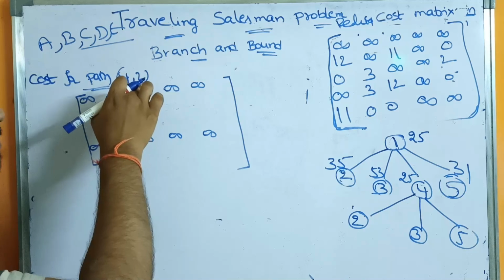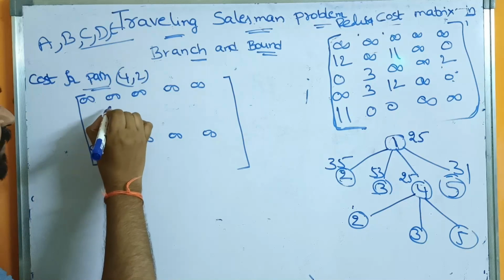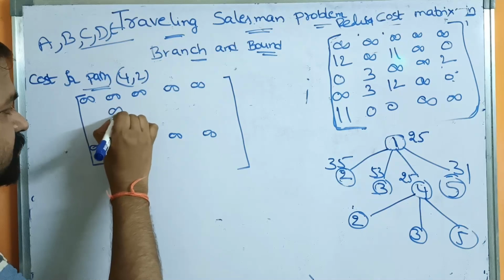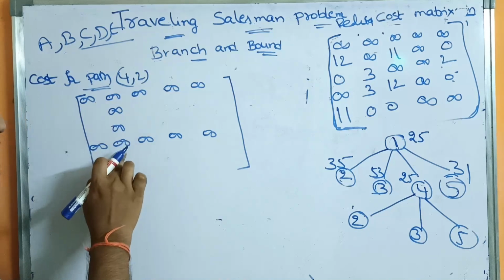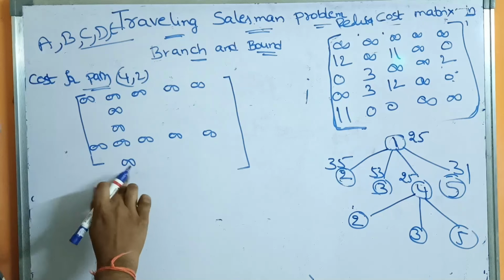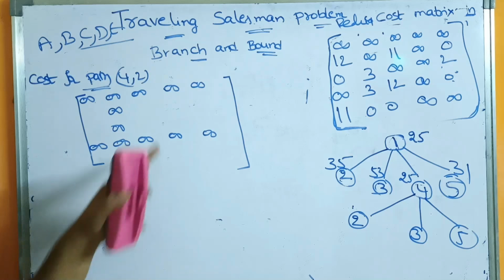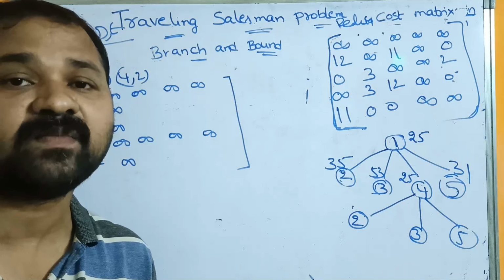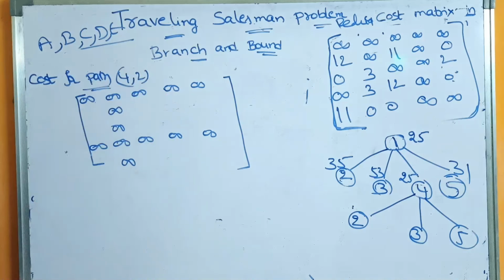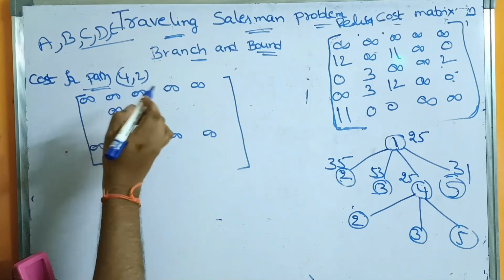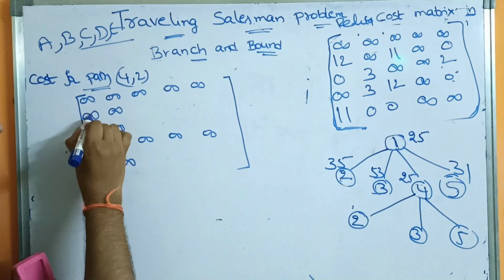Next, we have to change all the entries of the second column to infinity, as well as we have to change j comma 1 to infinity. Here what is the j value? 2. So 2 comma 1 to infinity. So this is the second row, first cell.